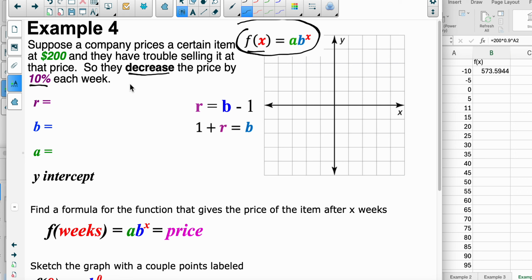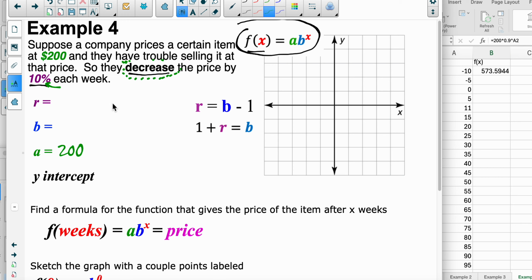So when I look here, I see that we start the price at $200. That's my a, that's my initial value. And then it says that when we have trouble selling it, I decrease the price by 10% each week. So it gave it to us as a percentage. That's my rate as a percentage.